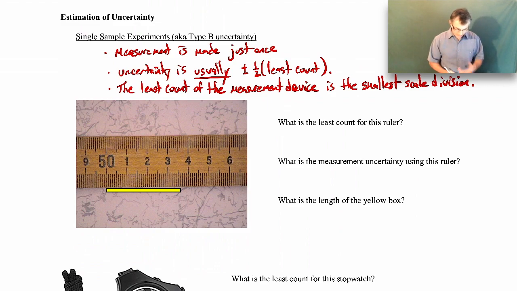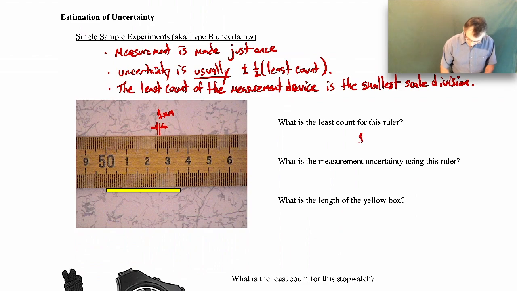Okay, so let me go back to this example of the ruler as you see on the screen here. So this ruler, you can see, has a least count of 1 millimeter, meaning that the divisions here are 1 millimeter. So what's the least count for this ruler? It's 1 millimeter. It's the smallest scale division that we have on our instrument. So what's the measurement uncertainty using this ruler?